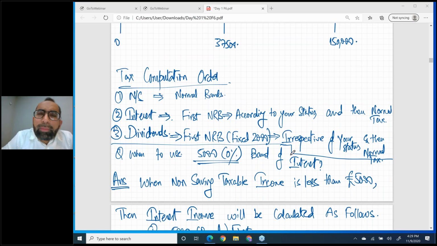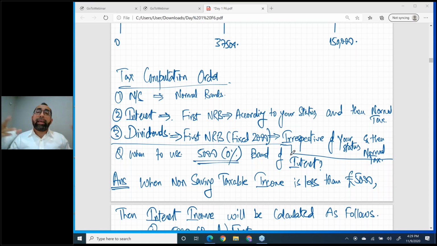Now, in normal circumstances, how do we calculate interest income tax? For interest income, always use NRB first, and the interest NRB is given according to the status of the taxpayer. If the taxpayer is a basic rate taxpayer, then interest NRB is 1,000.